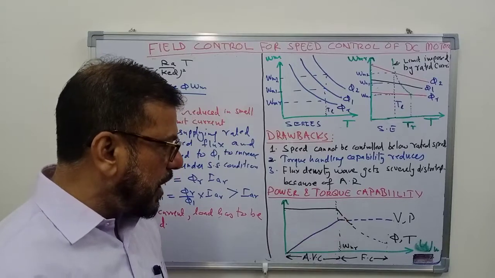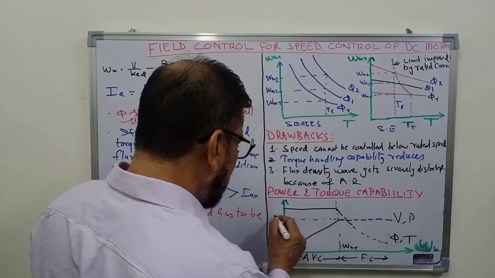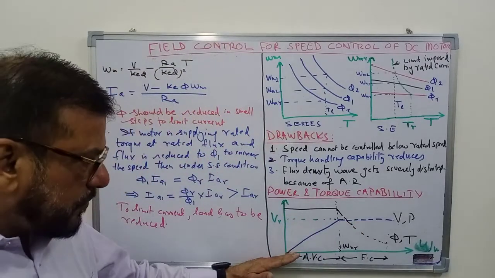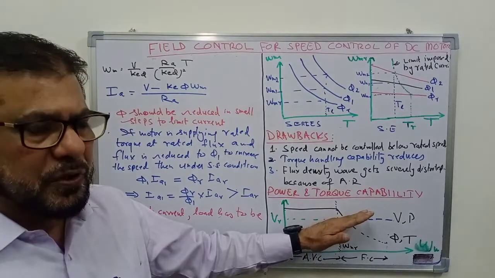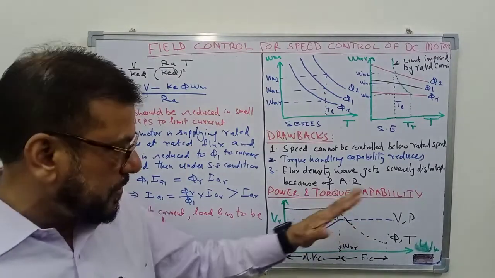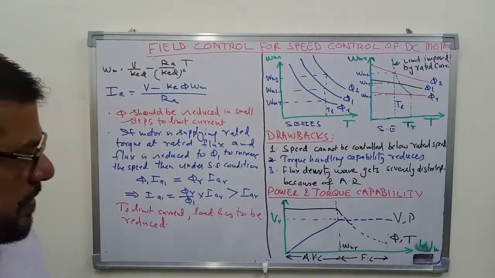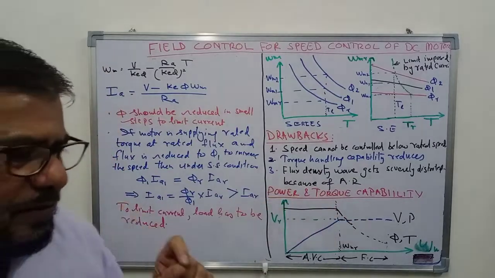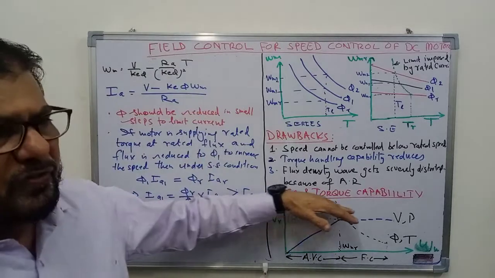So you can go up to rated voltage. This actually is the rated voltage here. So you can increase the voltage from 0 till you reach the rated voltage. Beyond that you cannot increase the voltage. So during this period, the flux is kept constant.